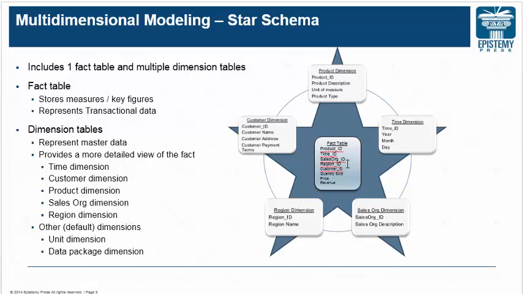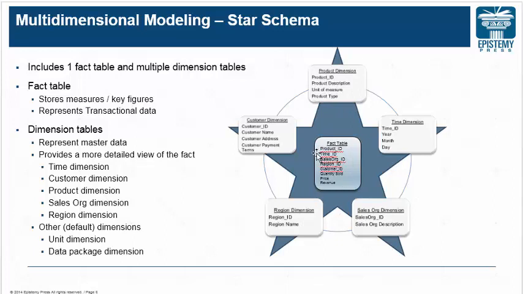I can show the revenue by sales organization, which means, for simplicity, like a store, a specific store, for example. A region would include multiple sales organizations. You can show revenue by time. Like, how did I do in the third quarter compared to the last quarter of last year? You can show revenue by product.